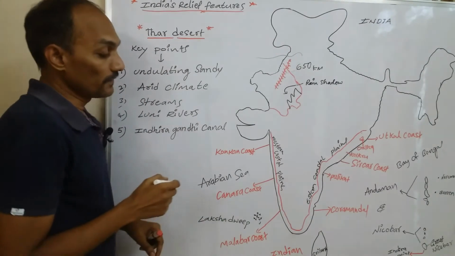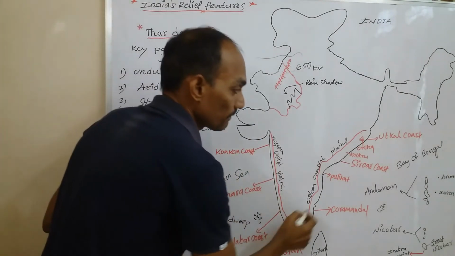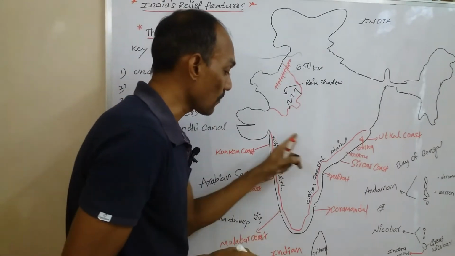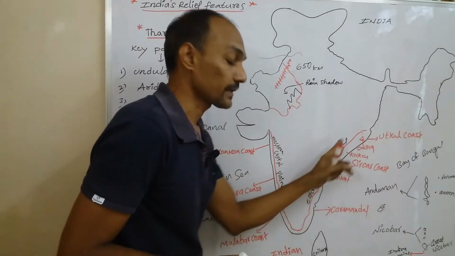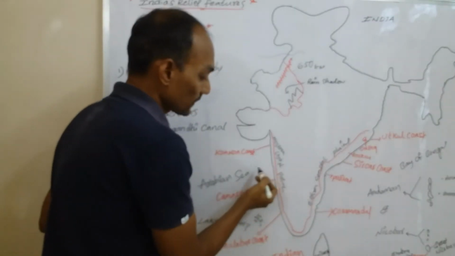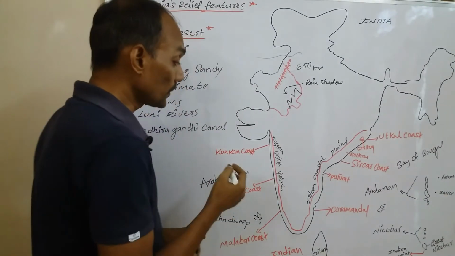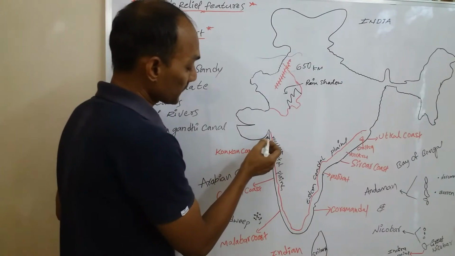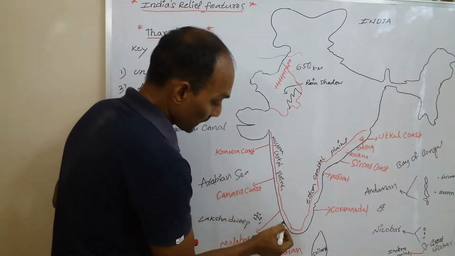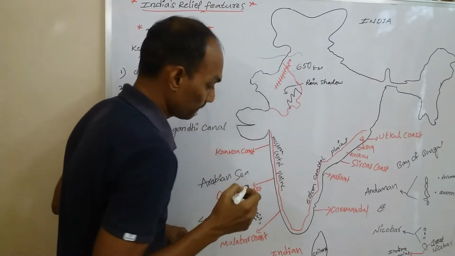Next, we move on to the coastal plains. The southern peninsular plateau is covered by the coastal plains. They are the eastern coastal plains and western coastal plains. The western coastal plains run from the Rann of Kutch in Gujarat to Kanyakumari in Tamil Nadu.